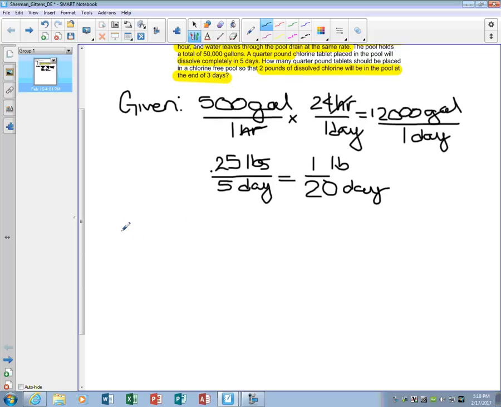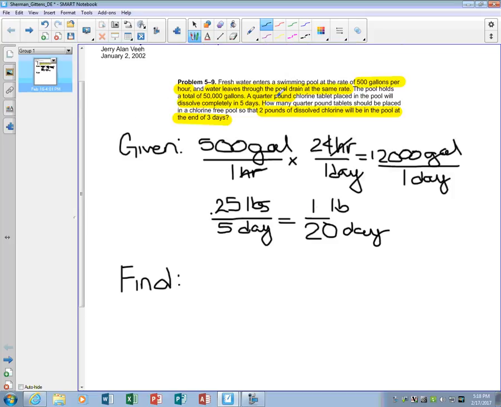So now what do we have to find? We have to find how many quarter-pound tablets should be placed in the chlorine-free pool so that 2 pounds is dissolved in 3 days.